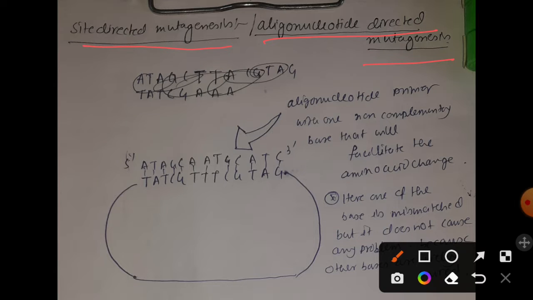Suppose in a particular individual there is a problem in their genomic structure, as a result of which he or she has some genetic disorder. Now by analyzing his or her gene, you find out that there is a change in a single base.